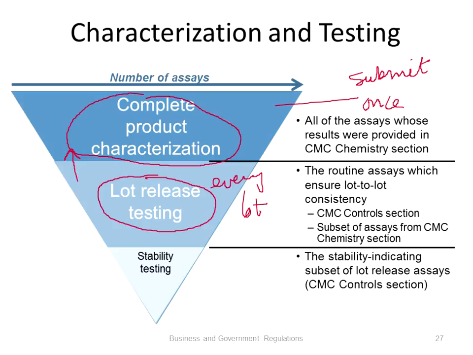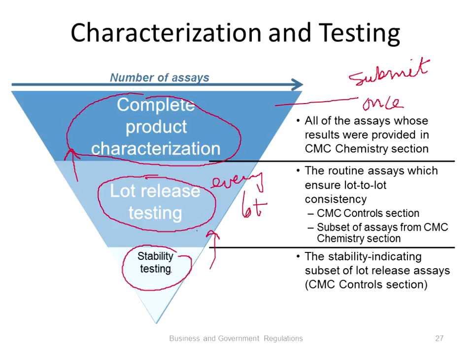So the number of assays that you do for product characterization is a lot more than the lot release testing, right? A lot more. So this is a lot more thorough. So basically this is an inverted pyramid. Product characterization, a lot more assays. Lot release testing, a subset of that, and then stability testing is something that you do on an ongoing basis. Only a subset of the lot release assays.